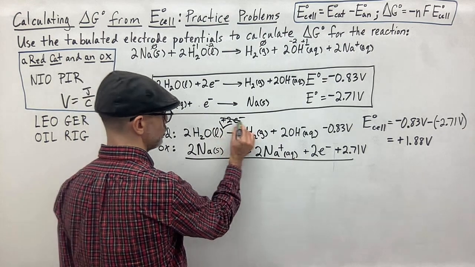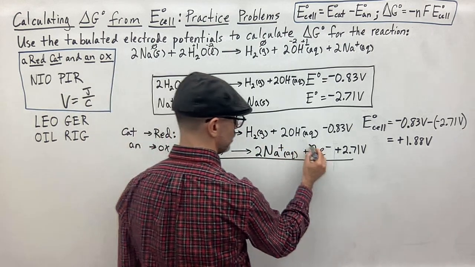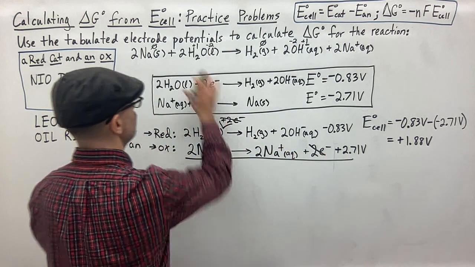And so the 2 electrons here would be canceled out with the 2 electrons here. And then when you add these together, you get this equation.